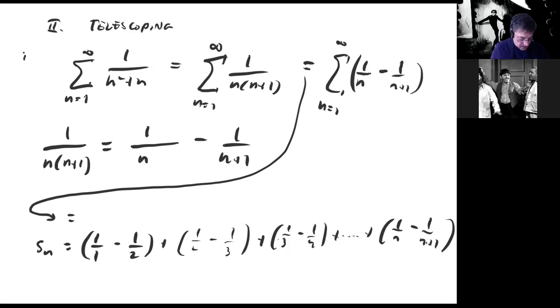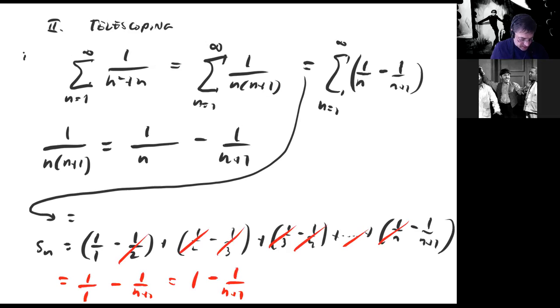Now notice all the terms on the inside cancel. Everything cancels except the first term, which is 1 over 1, and then minus 1 over n plus 1. So this is 1 minus 1 over n plus 1.